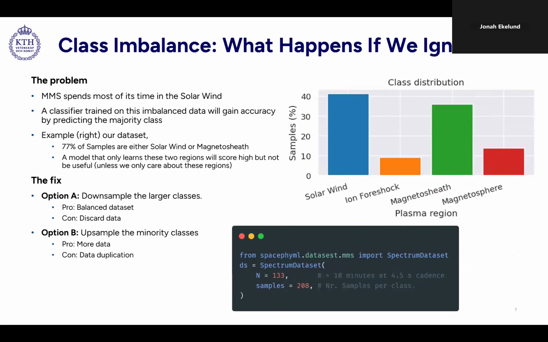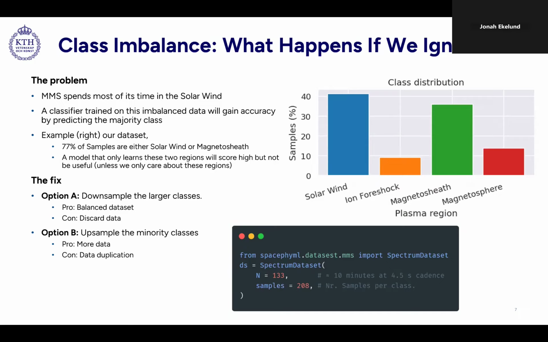But before that, we also have to look at the class imbalance. I noted at the end of the last lecture that we have a class imbalance in our data set, a lot of solar wind data. And here I've removed the unlabeled data also, so now we only have clean samples.